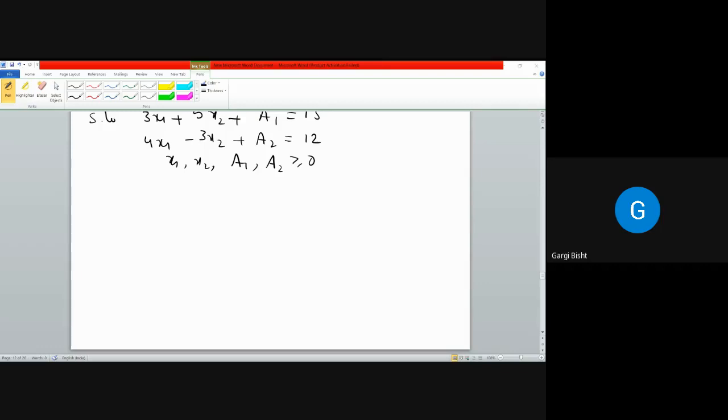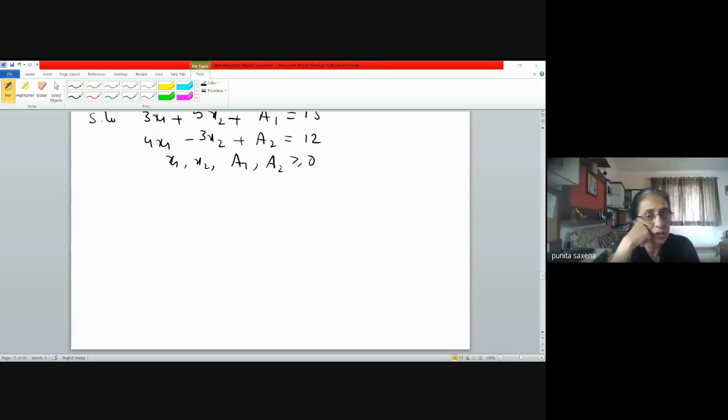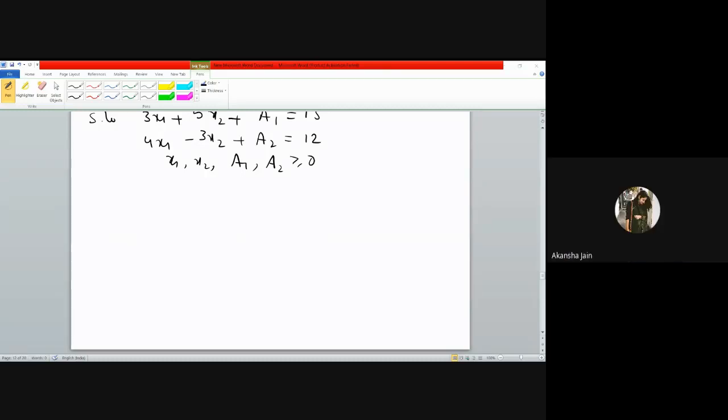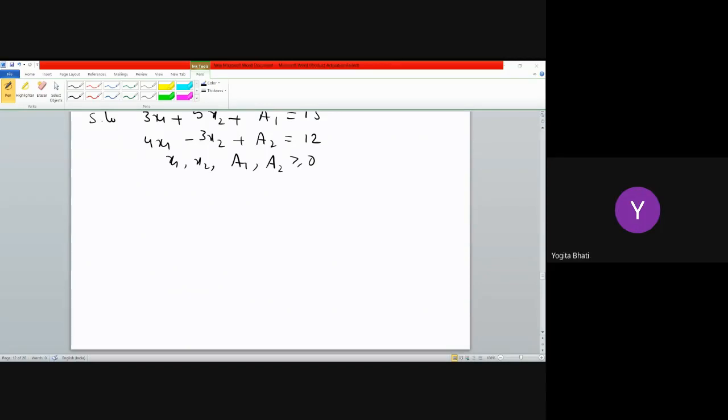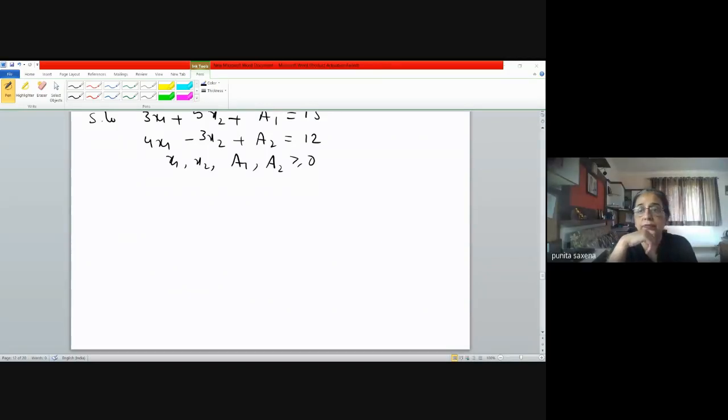The ratio for A1 is how much? 15 by 3, 5. And that for A2 is 12 by 4, which is 3. So which one leaves? A2. A2 leaves. Fine. So your 4 is the pivot element now.